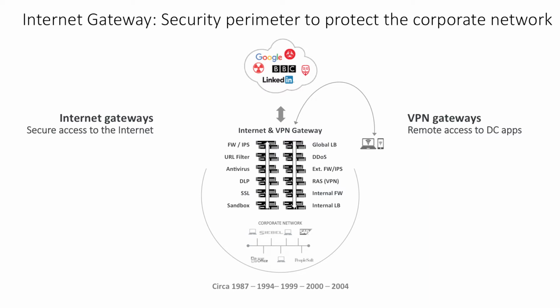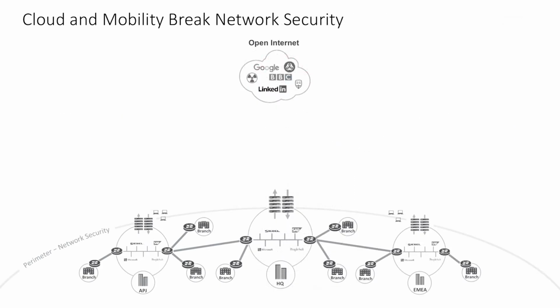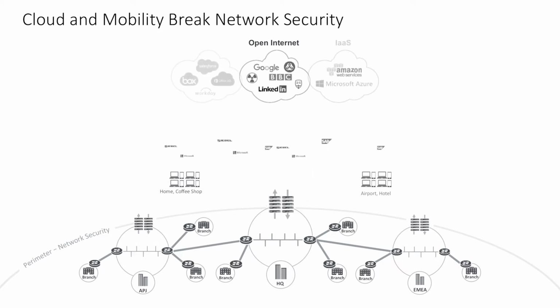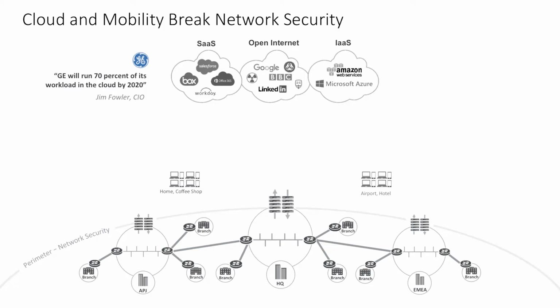Now, as cloud and mobility started disrupting the application delivery model, where applications started moving to the cloud and your users started moving outside the corporate network, the old world of hub and spoke network, where you built internet gateways either at your headquarters or at regional facilities, became insufficient, because users started connecting to applications which moved away from your data center into SaaS applications like Office 365 or Box, or to IaaS platforms like Azure or AWS or Google.